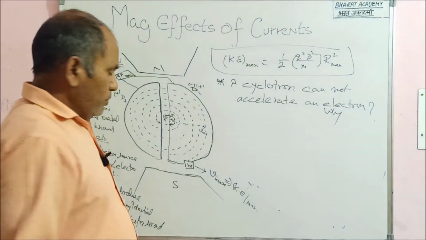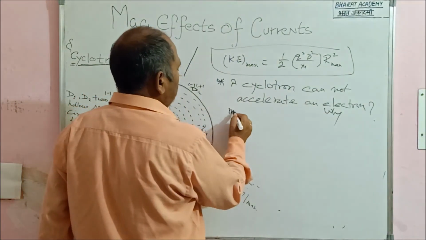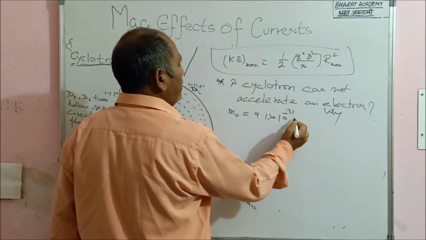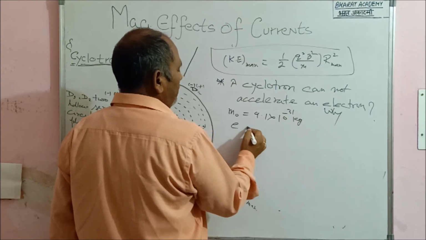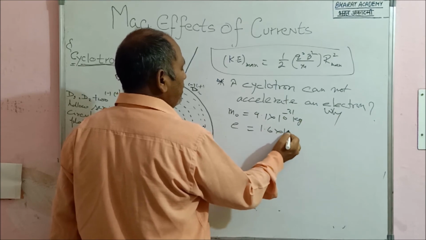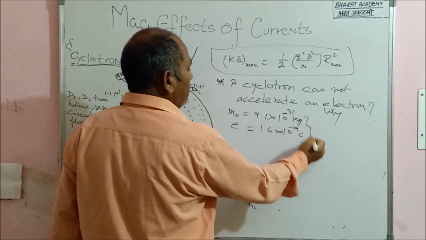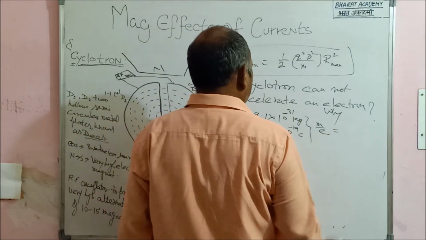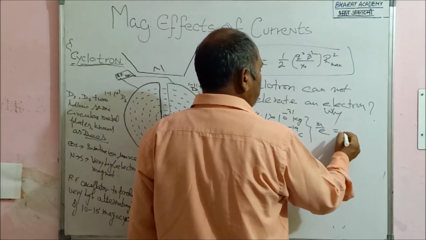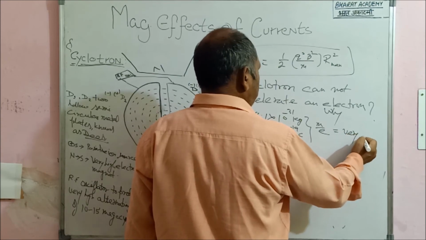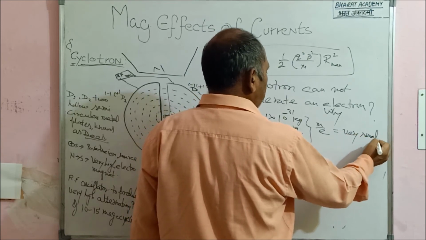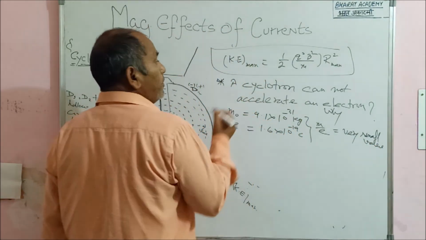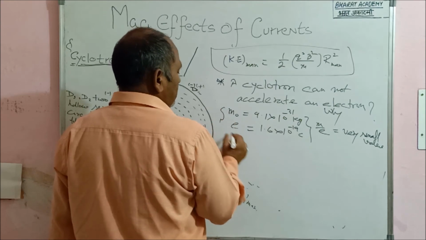Right? So far as the rest mass of an electron is concerned, if you do know that, it is 9.1 into 10 to the power minus 31 kg, and the fundamental charge is 1.6 into 10 to the power minus 19 coulomb. If you calculate the m by q ratio, it comes out to be very small, right? So what will happen if it is like this?